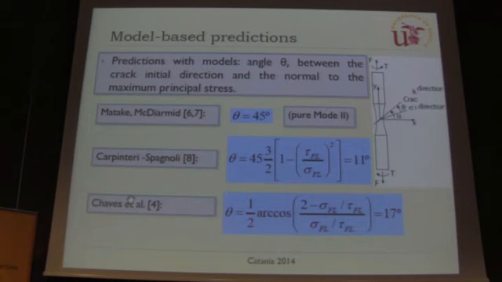Then two more models, Carpinteri and Spagnoli, and Charles and coworkers, where the angle depends on the material and on the particular distribution of torsion. The predictions would be theta equals 11, and for the last one, 17.